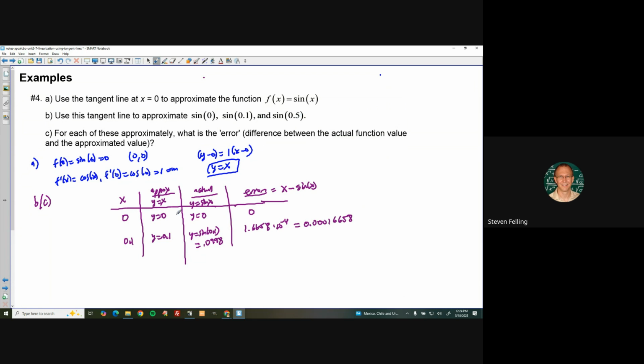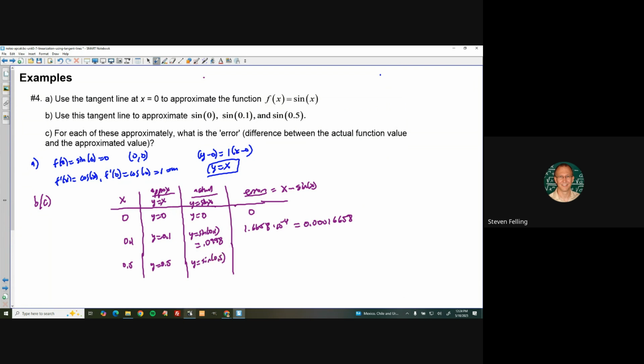Now, at 0.5, we're going further away from the place where we attach the tangent line to the function, so the error should be larger. Right? So the approximation is simply the x value, 0.5, but this would be sine of a half.